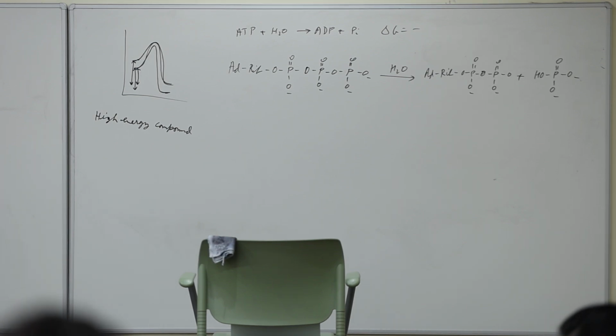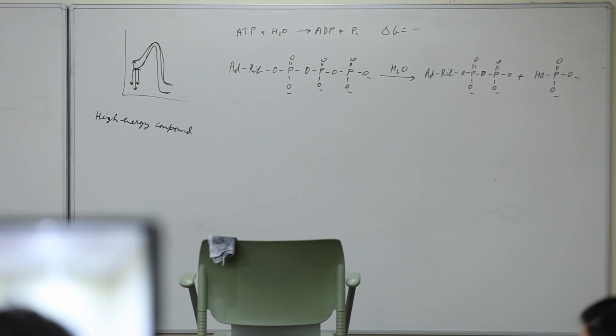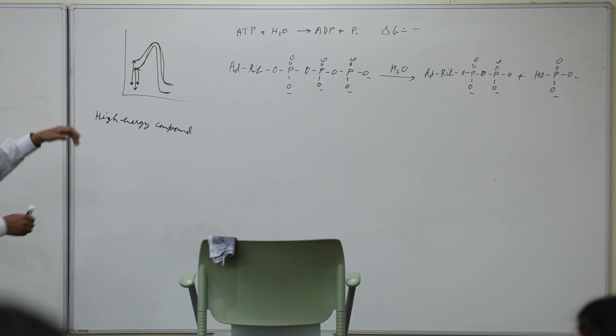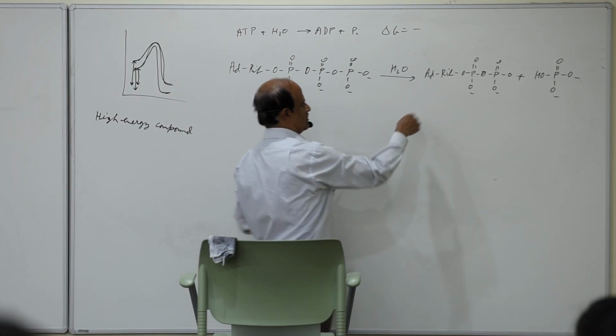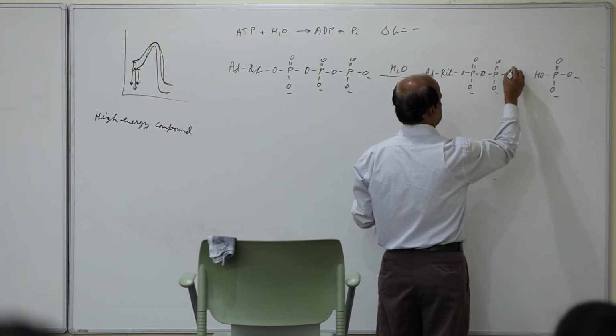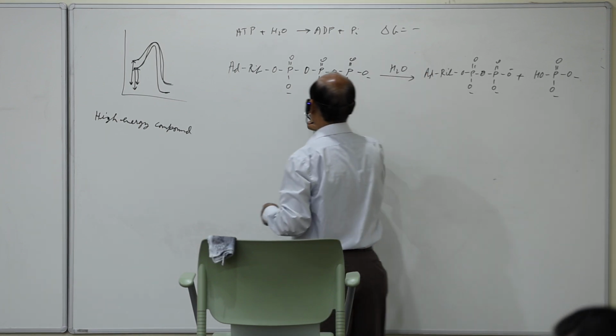ATP has 4 negative charges. Anything that has more negative charges on it is unstable. Nature doesn't like charge. Anything that is charged is unstable. So ATP has more charges than the products. This one has 3, this one has 2, this one has 4.